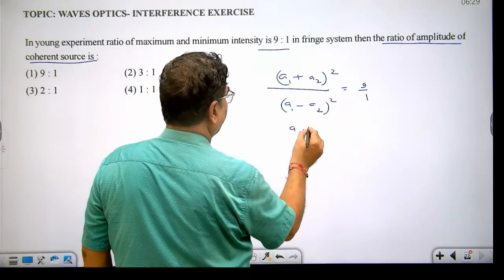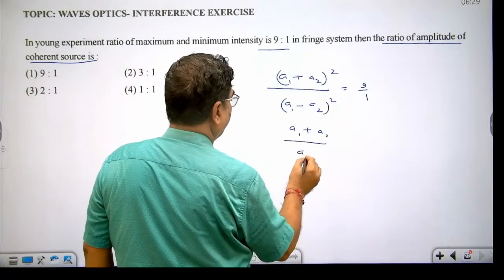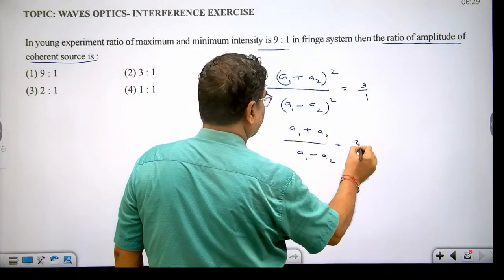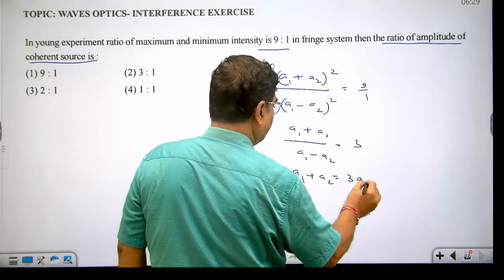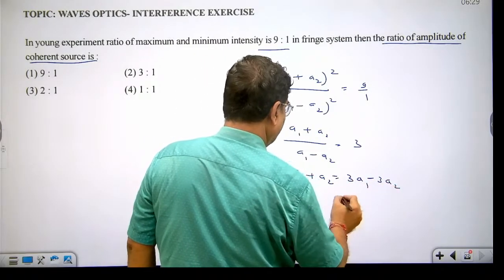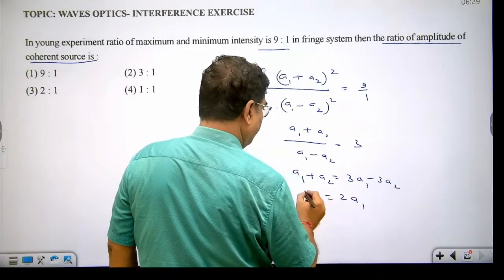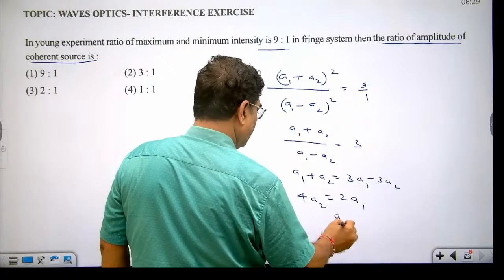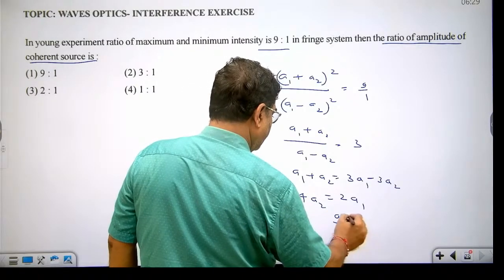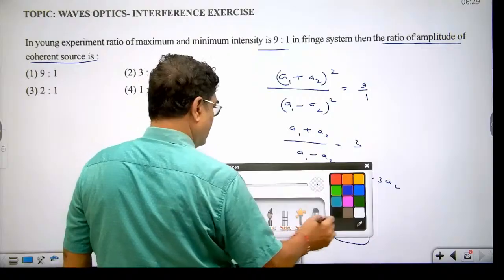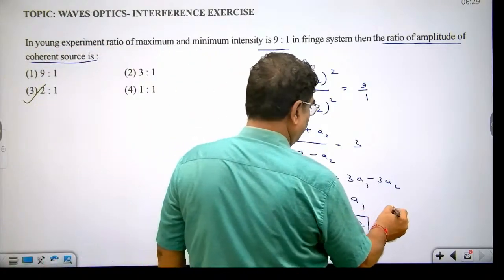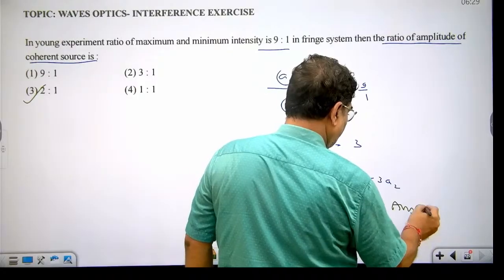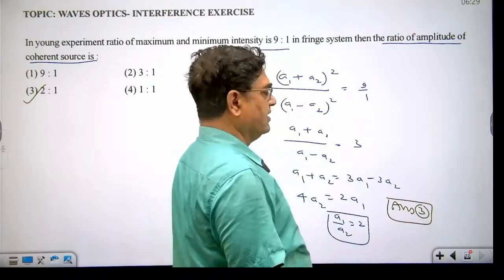So this is (A1 plus A2) upon (A1 minus A2) equal to 3. On cross multiplication, we get A1 plus A2 equal to 3A1 minus 3A2. So this is 2A1 equal to 4A2. So A1 upon A2 equal to 2:1. So out of 4 choices, the correct answer is option 3. Option 3 is the correct answer. Okay.